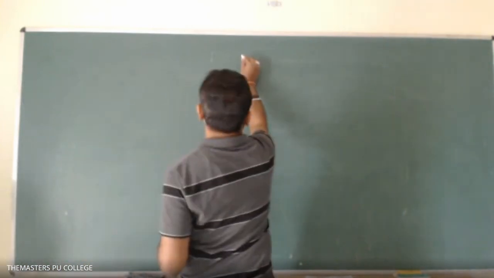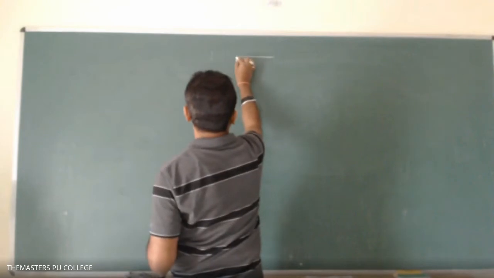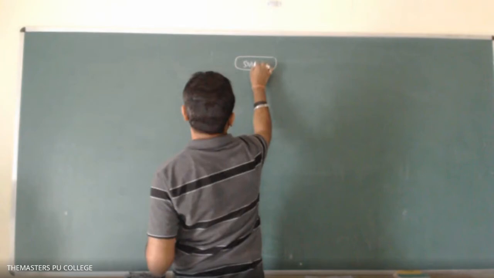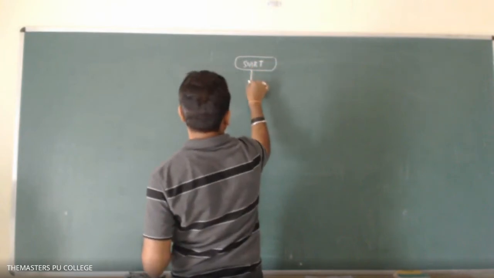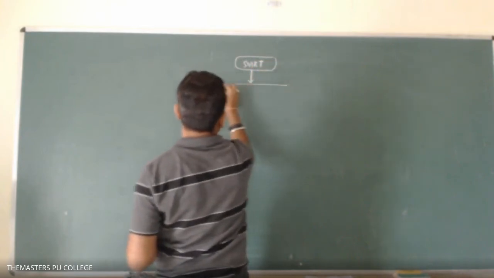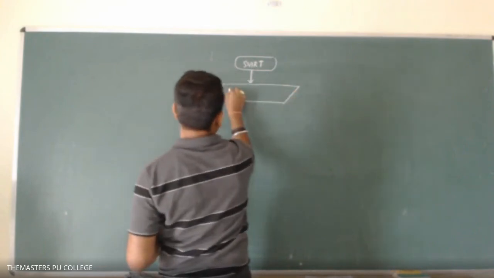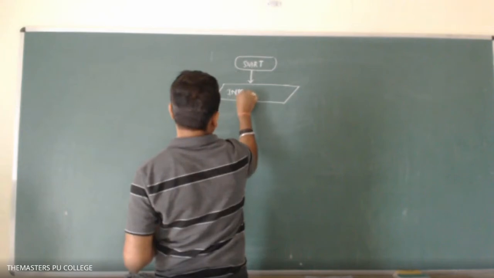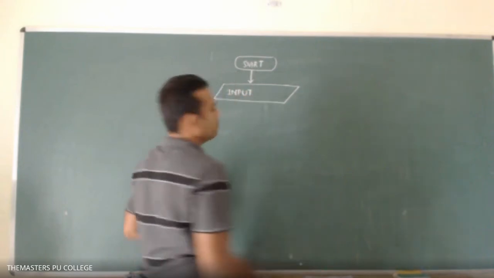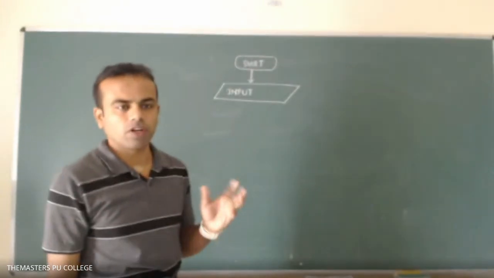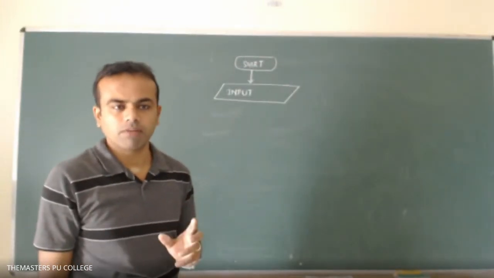Biggest of two numbers. Okay, so first of all we get started: start. Next, input. How many variables do we require to find the biggest of two numbers?